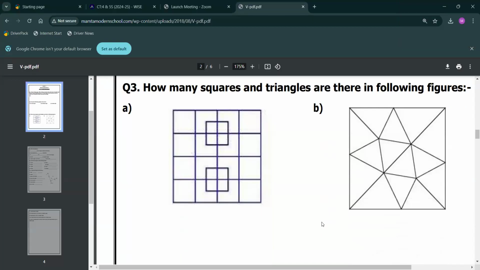See, how many squares and triangles are there in the following? Count the number of squares in figure A, children. Hurry up. You can draw this figure in your notebook, then you can count. Ma'am, 9.